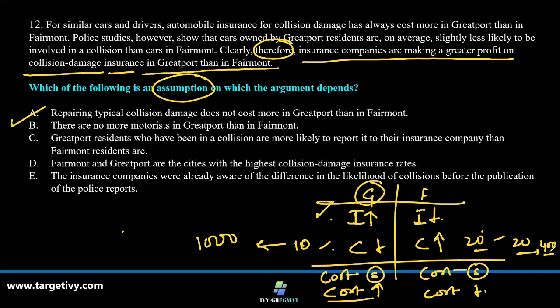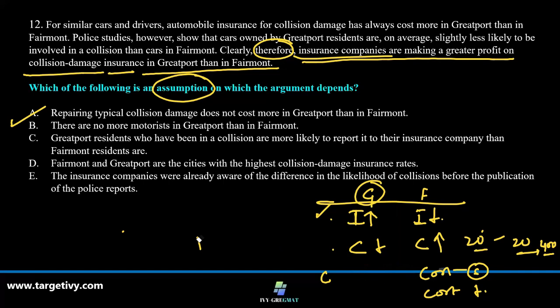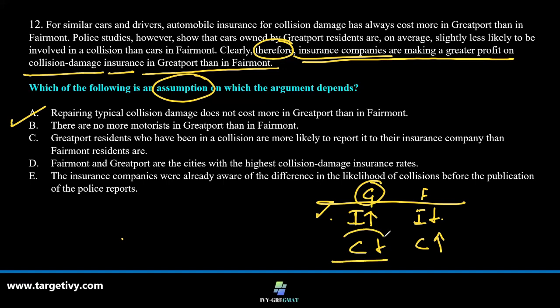So that's the fundamental. If the cost of repair is itself high, think about it. Typical collision damage does not cost more in Greatport than in Fairmount. So if the cost of repair is high here, the lower number of collisions is already taken care of.